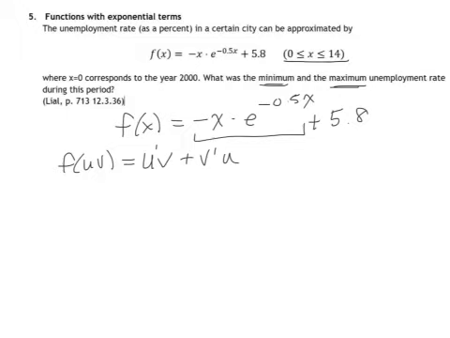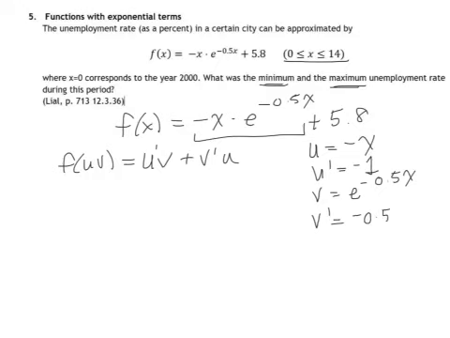So let's take those parts of the multiplication aside and take the derivative. u is negative x, so u prime would just be negative 1. v is e to the negative 0.5x, so v prime is negative 0.5 e to the negative 0.5x.